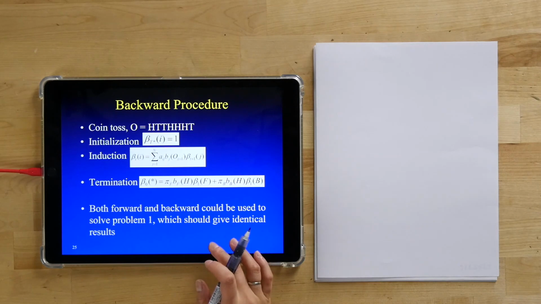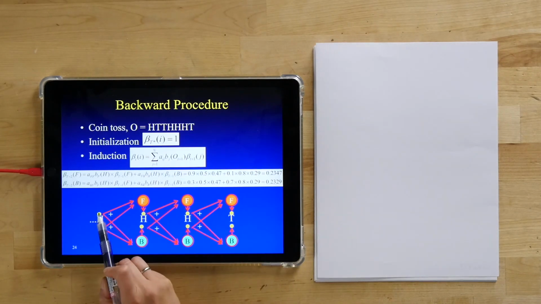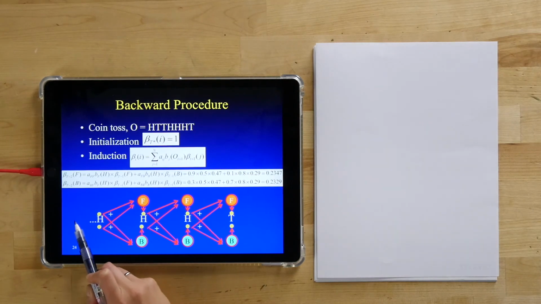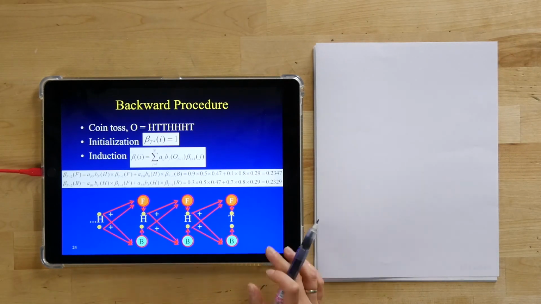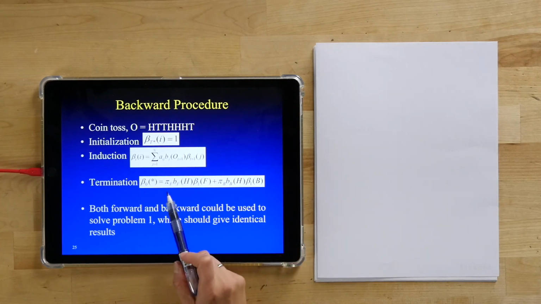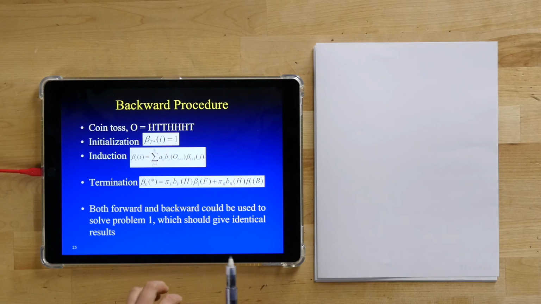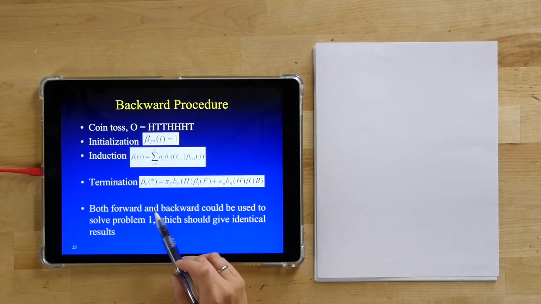How do we terminate in this case? You can see here, at the very, very end, we're asking, okay, we have to sum up this last two. We're asking how to terminate. You say, okay, remember the beta is the probability of seeing all the coin flips after, if I use a fair coin, or using a biased coin.